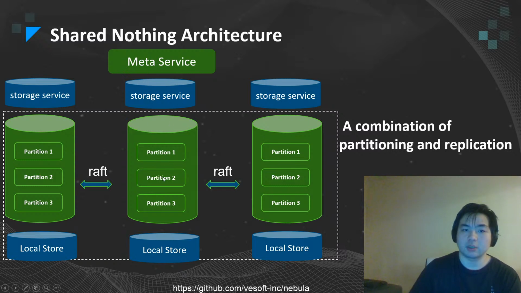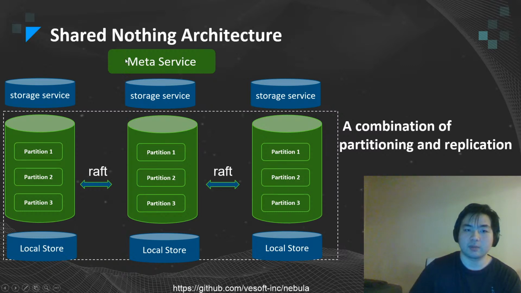Partition itself does not know the information about other nodes, which means that you cannot say that I did not find the key in partition one, so partition one can tell me where the key is located.